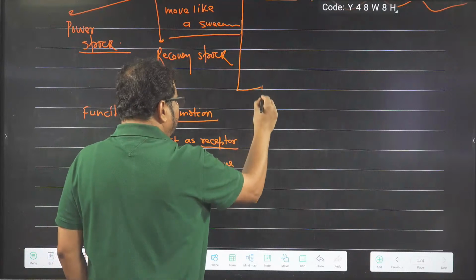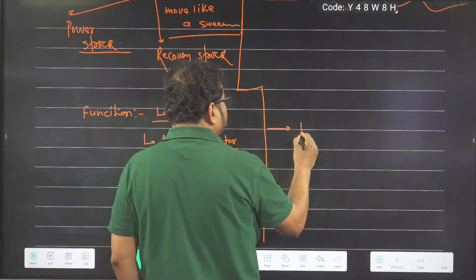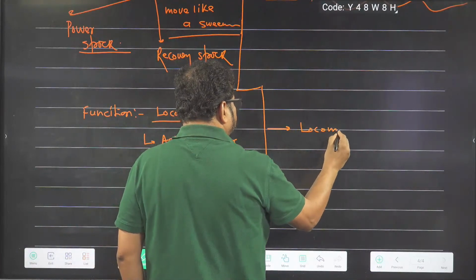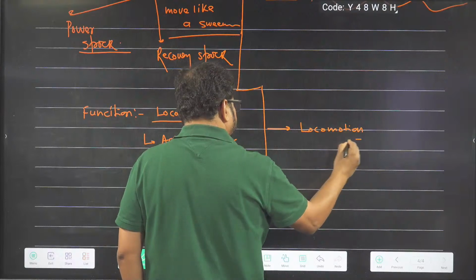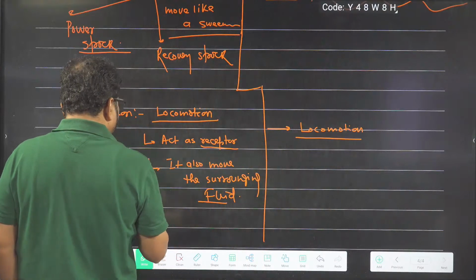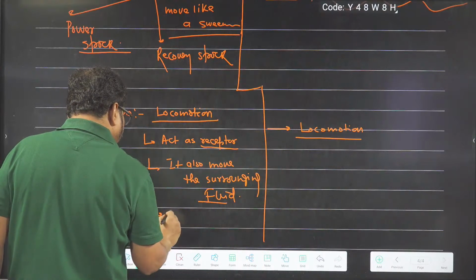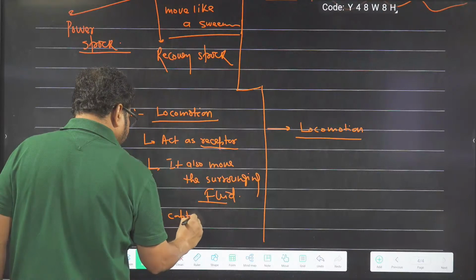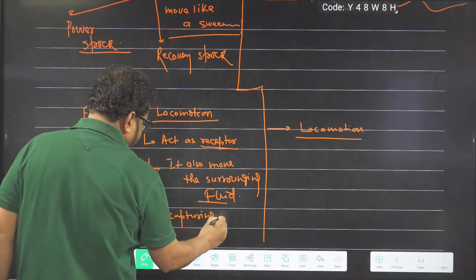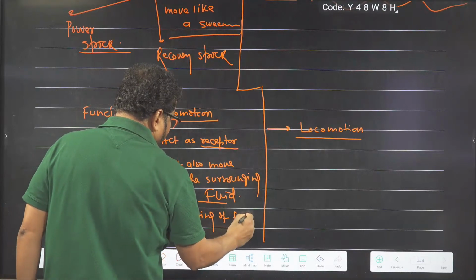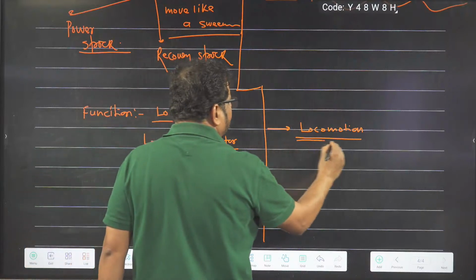Cilia also have a role in capturing of food. But the only function of flagella is locomotion.